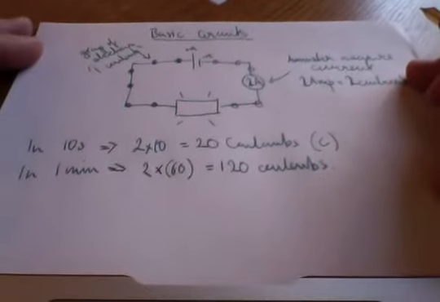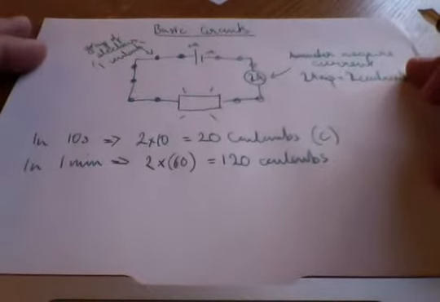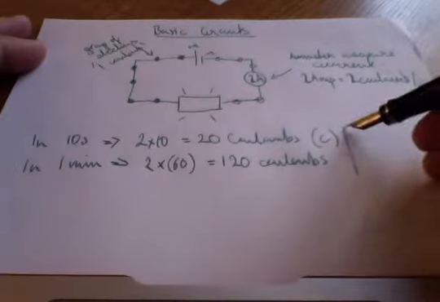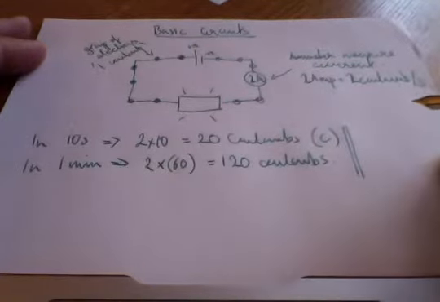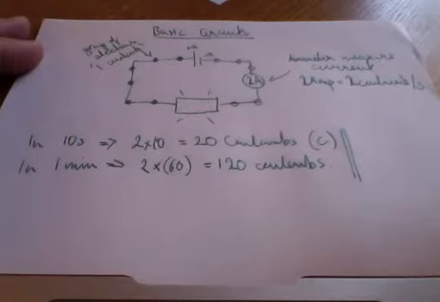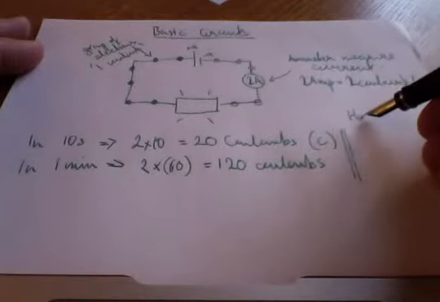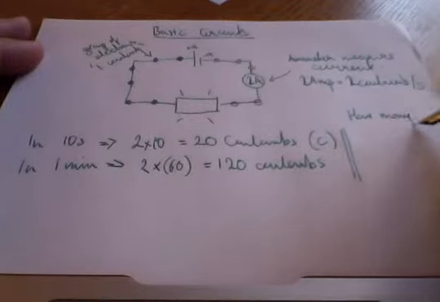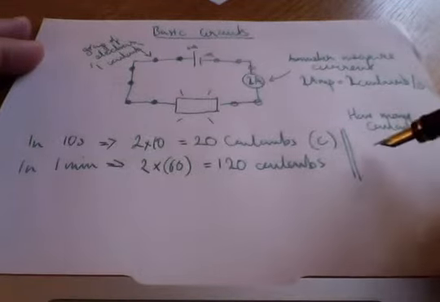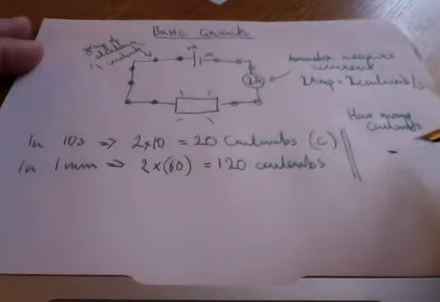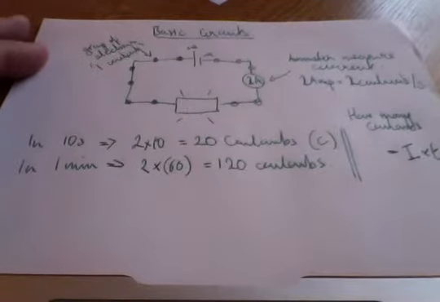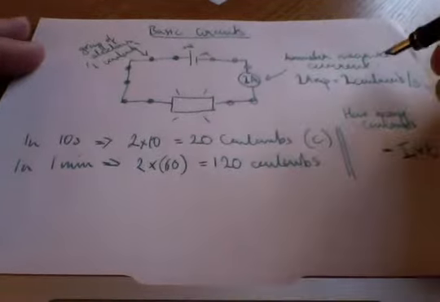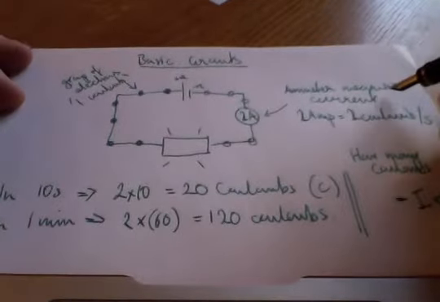Excellent. Okay then, so what we've done intuitively is that we've used an equation, and in order to get how many coulombs, we've found out the current, and the symbol for current is I, and multiplied it by T. Okay, so maybe I should put up here current.